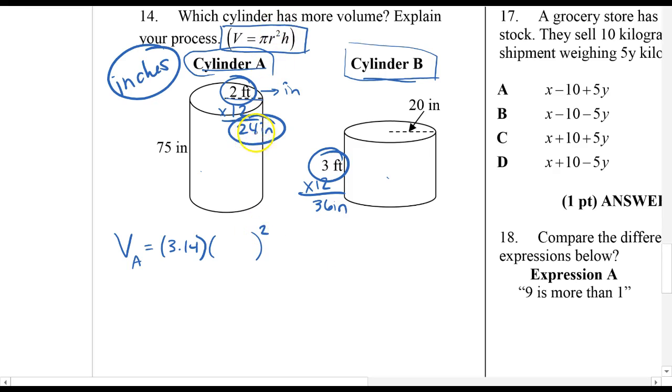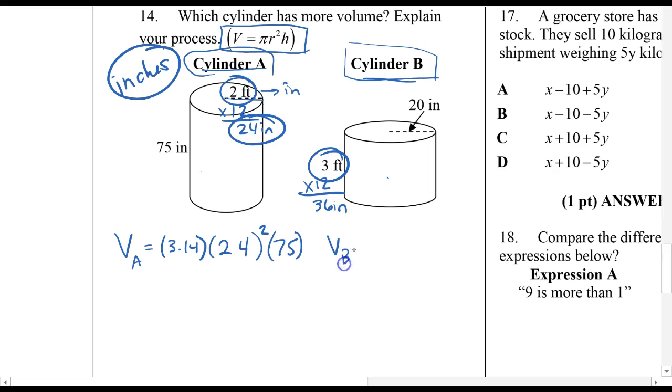The radius is this length from the middle to the side in the circle, so 24. The last thing is h, the height. You're plugging in 2 different numbers here, not just the radius, but the height as well. And remember, these both have to be the same measure. If you choose to convert this to feet, just make sure they're both feet. But I chose to do inches.